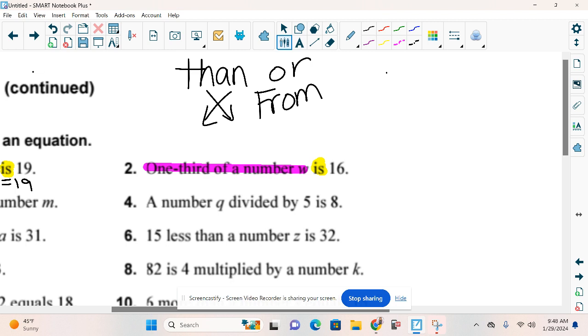What operation does of fall under? Multiplication. Alright, so we've got multiplication. Equals 16. What are we multiplying? 1/3 times W. How can we write it without the dot? With the multiplication. 1/3 W equals 16. This is the most algebraic way to write it.